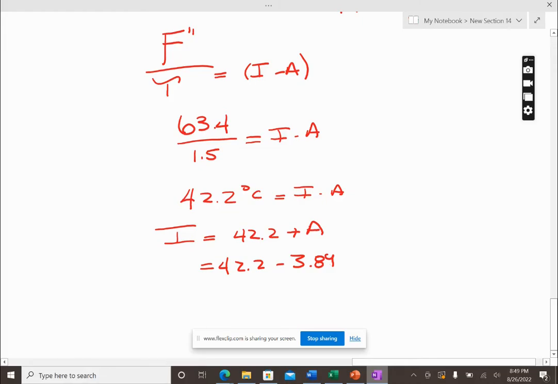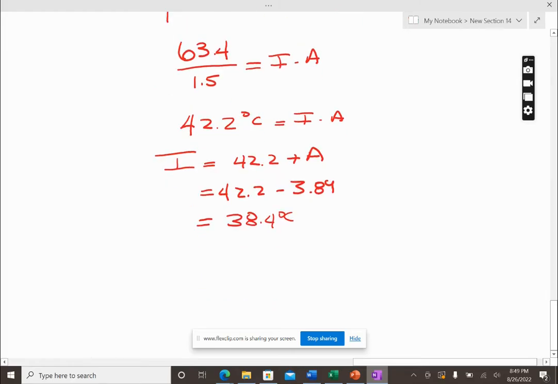So we have to subtract 3.89, and we get 38.4. Converting this to Fahrenheit, we get 101.1 degrees Fahrenheit.